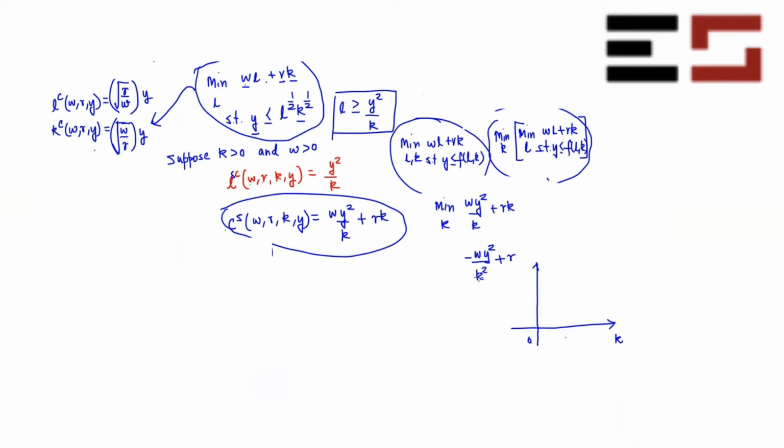And as k goes to infinity, what can you say about this term? As k goes to infinity, this whole term approaches r. Is that fine? So if I plot this, it's basically asymptotic to r.